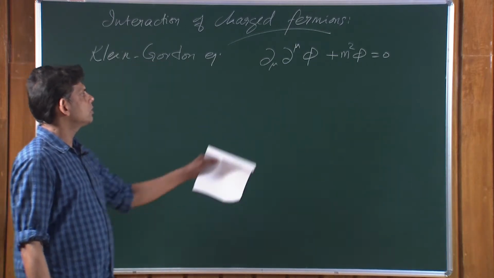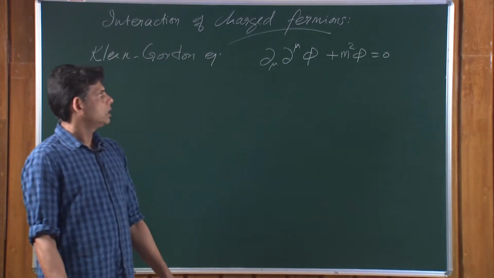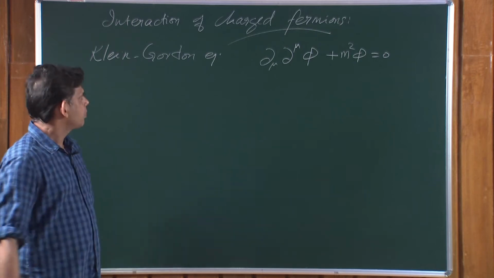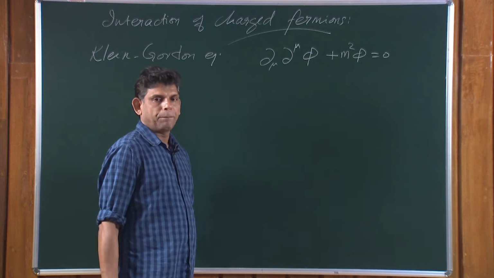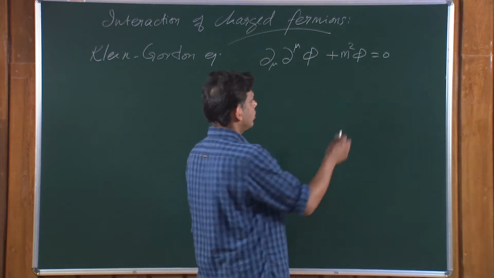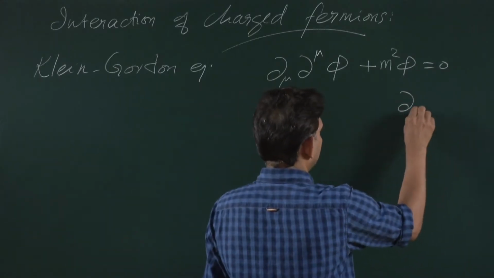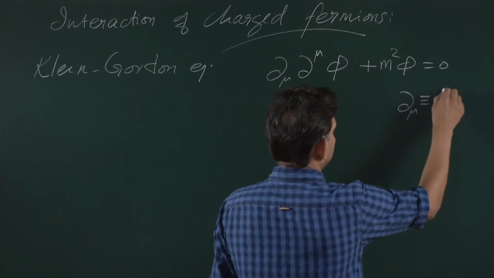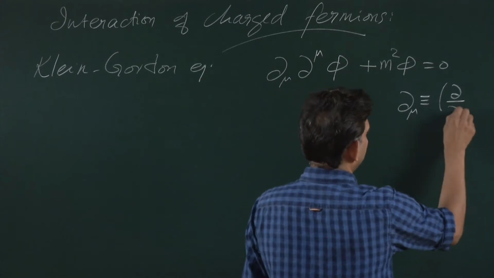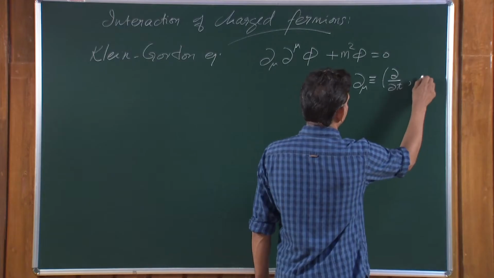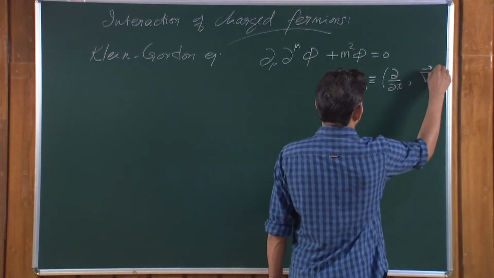This is an equation which is quadratic in the derivative, both time and spatial derivative. Let me, for completeness sake, write what this means. This is the partial derivative with respect to time and the gradient operator.